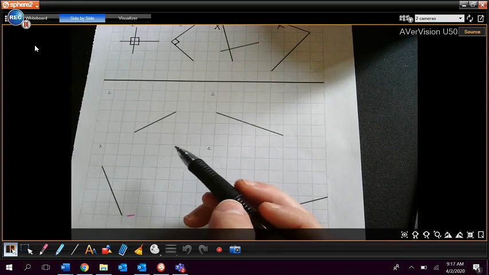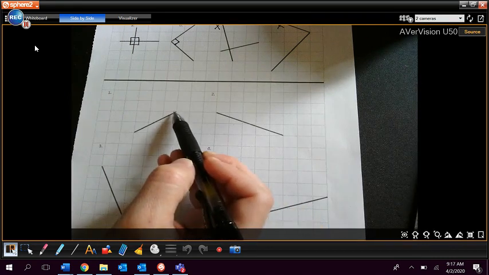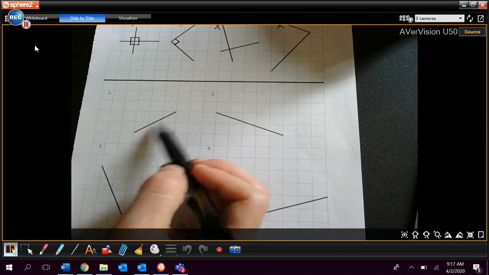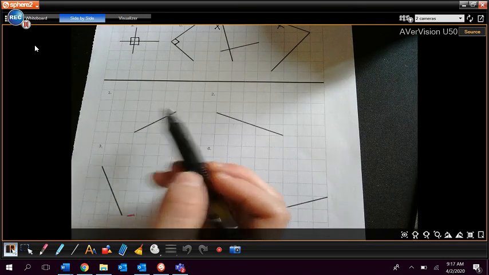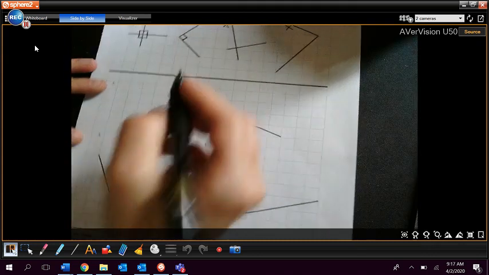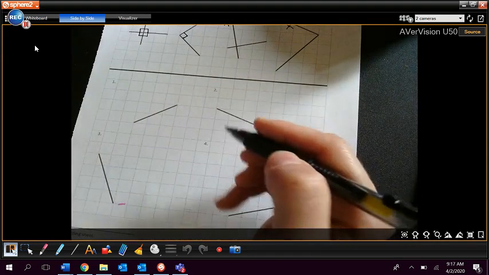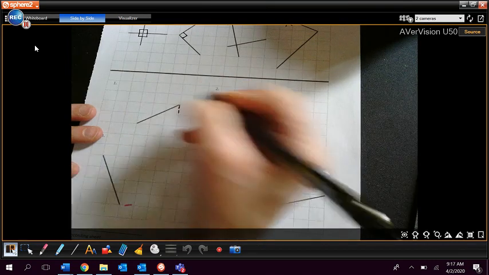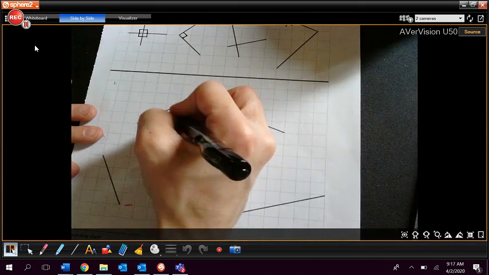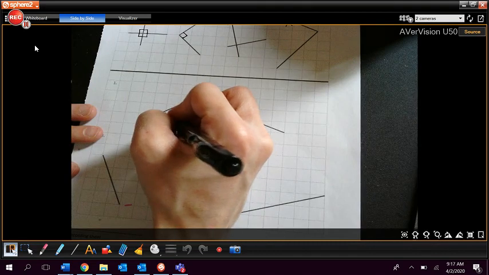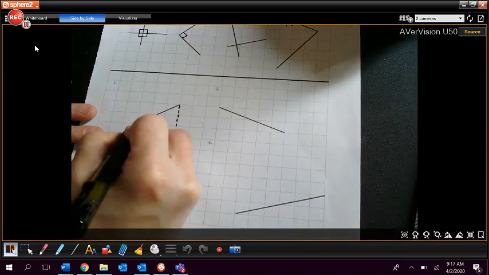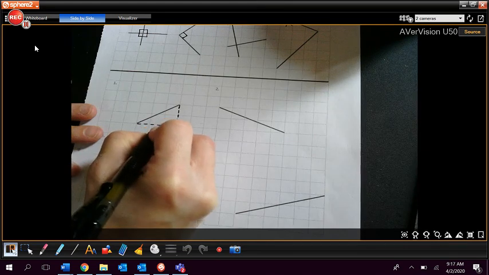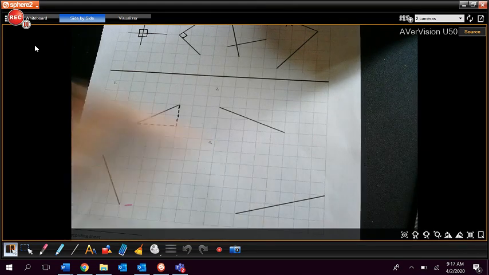And we're going to pretend that this is our longest side, and this is going to be ST. So what I'm going to do on my paper, but you're going to do on yours, is draw some lines, but instead of a straight line, I want you to do it in little dashes like this. And we're going to draw our right triangle.